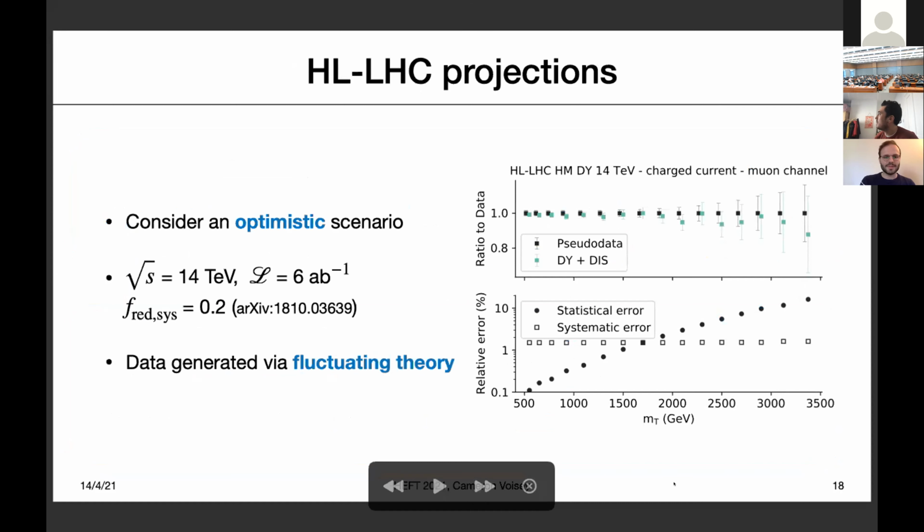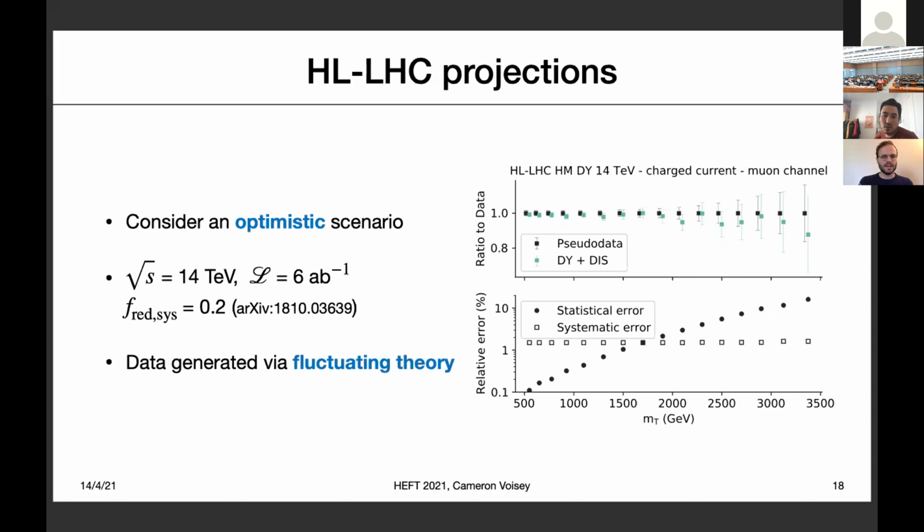Okay, so similarly to what Giacomo was talking about in the last talk, we make some high luminosity projections. And we're interested in seeing the effect in the most extreme example we can find. So what we do is consider an optimistic scenario. So we're trying to calculate really the optimal reach that you could get with a High-Lumi LHC in this context.